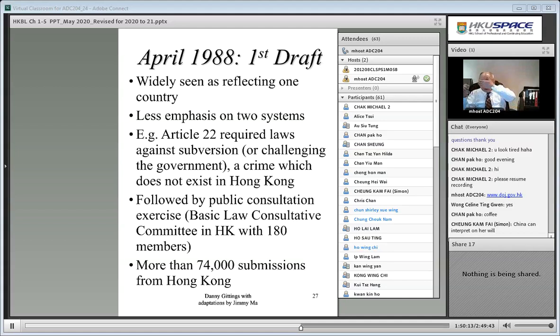And there was wide consultation, and a large number of submissions were received, and the Consultative Committee was soon established, with about 180 public consultative members, and overall the person responsible collected 74,000 submissions from Hong Kong.